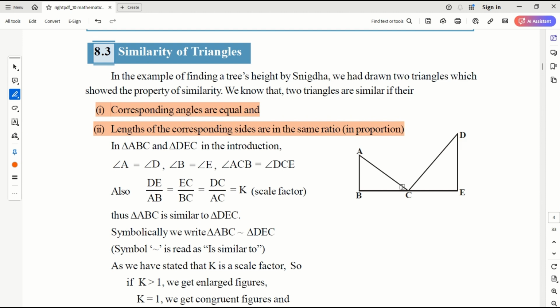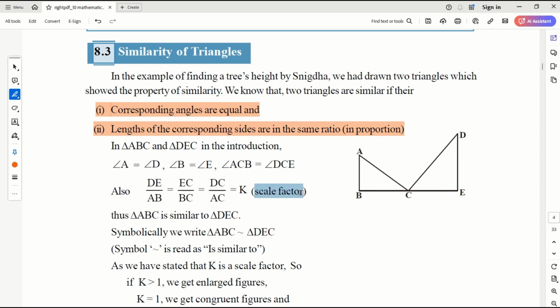So these three angles are the same. Now what about sides? AB by DE equals BC by EC equals AC by DC, which are all the same constant, that is K. This is nothing but the scaling factor, right?